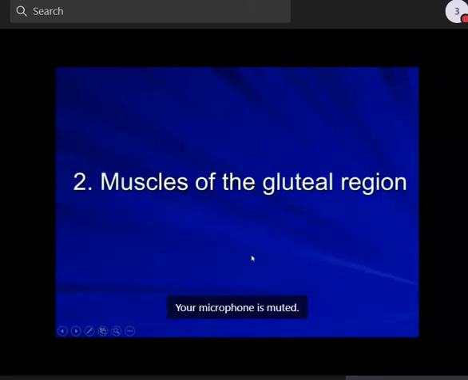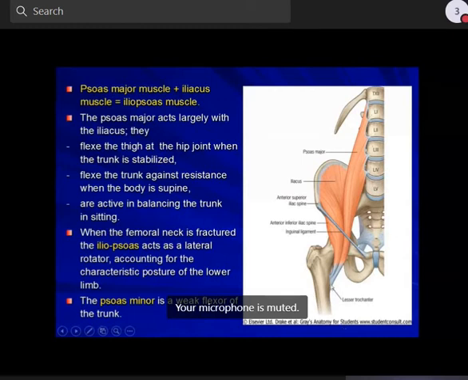It's the second important flexor at the hip. The strongest flexor at the hip is the rectus femoris, and the iliopsoas is just the second one.